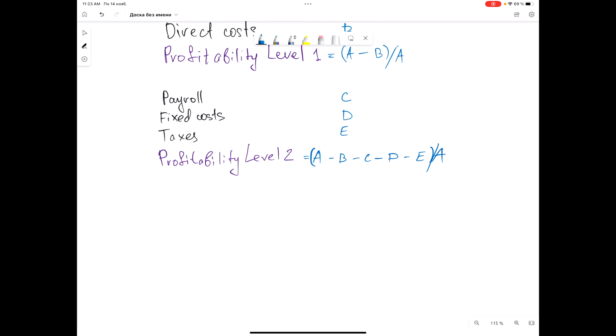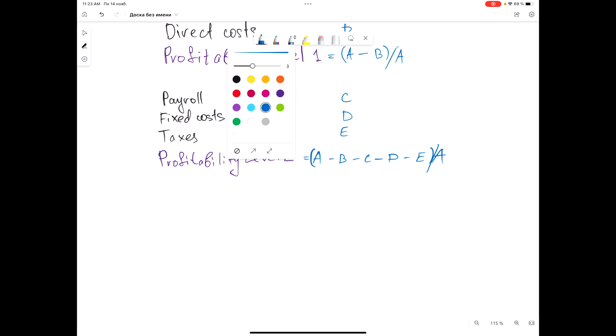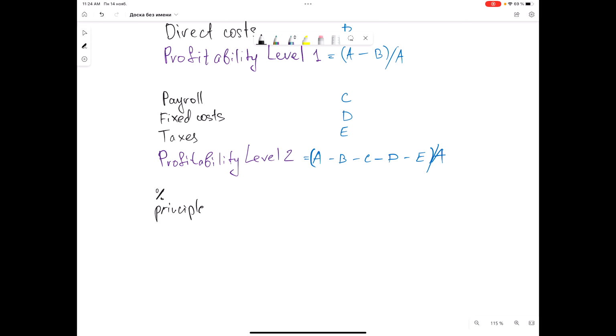And then the next level is, we also have the payments that we pay to the bank. So these are interest paid and principal payment.